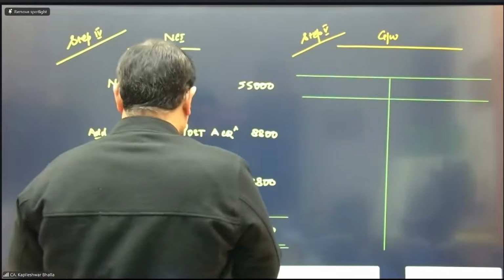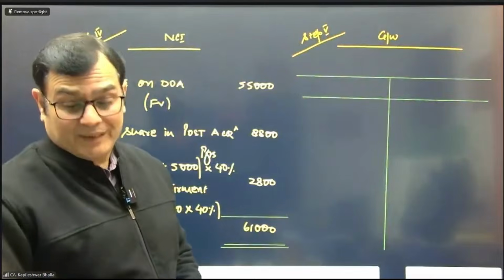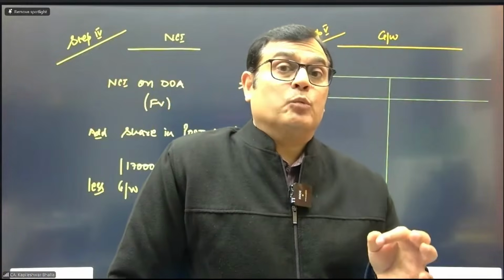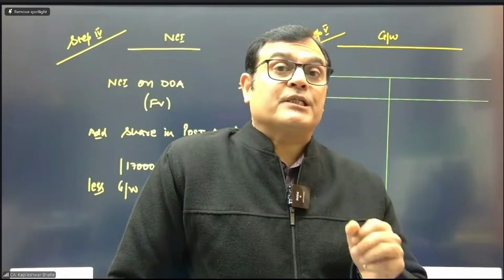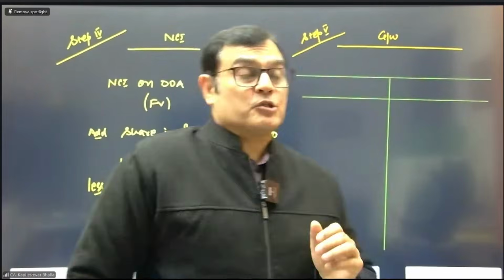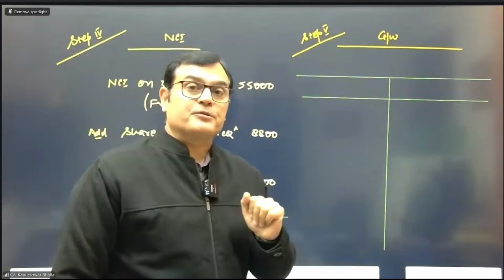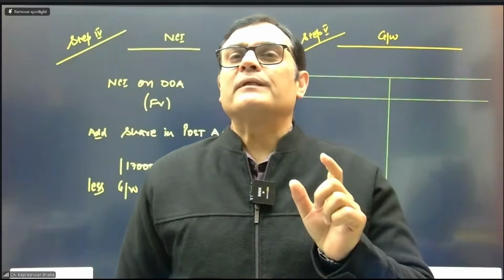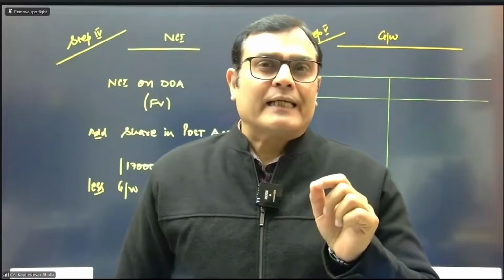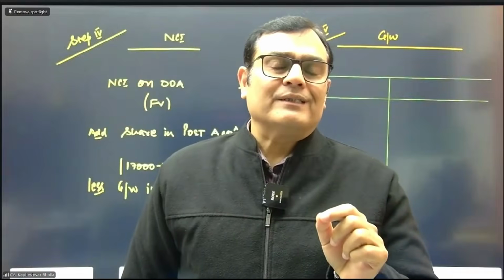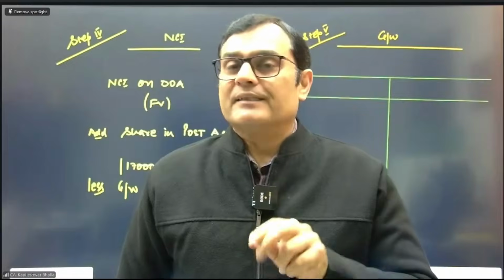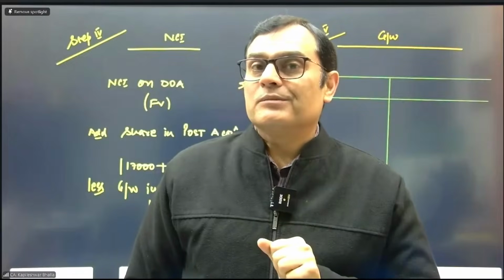And one thing which I'd like to pinpoint at this stage: the way goodwill is calculated for a subsidiary and the way it is calculated for the associate is different. Because when you calculate goodwill for the subsidiary, you take PC plus NCI and compare it with the net assets. But when you calculate the goodwill for an associate company, you compare the PC with share in net assets. There is no NCI role in terms of associates.